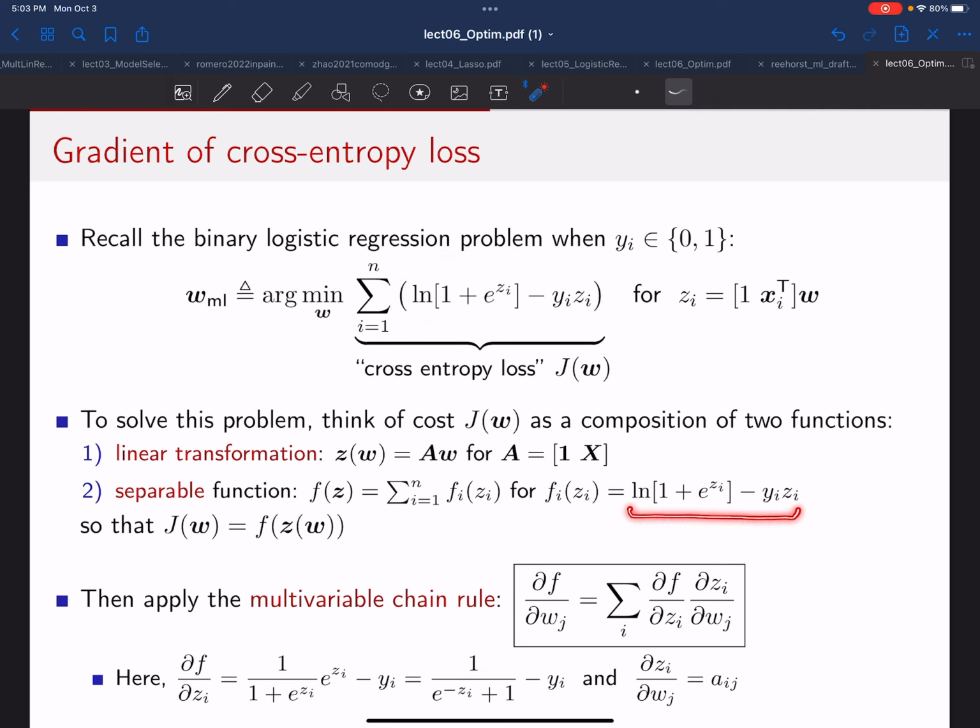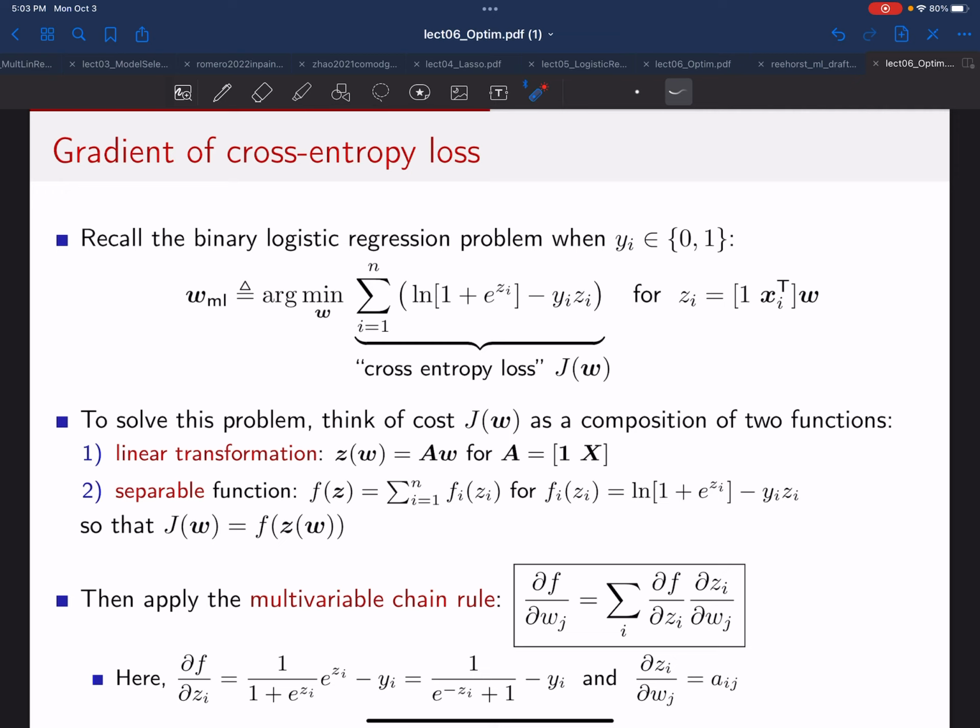So overall, you can say J is a function of w is like going from w to z and then putting z in f. So it's a two-step process.